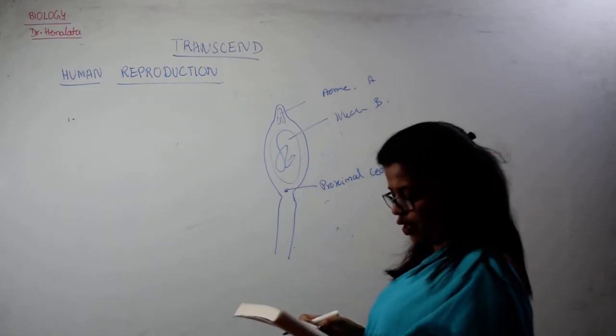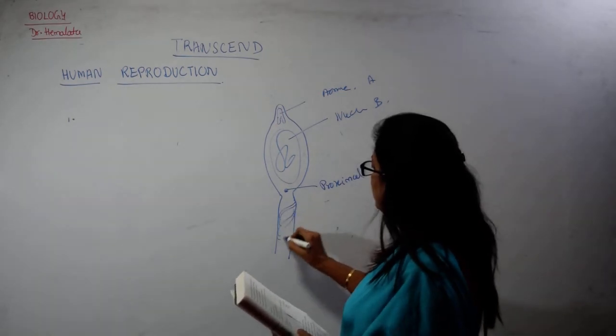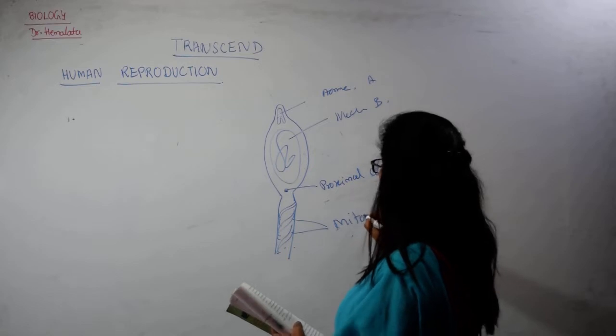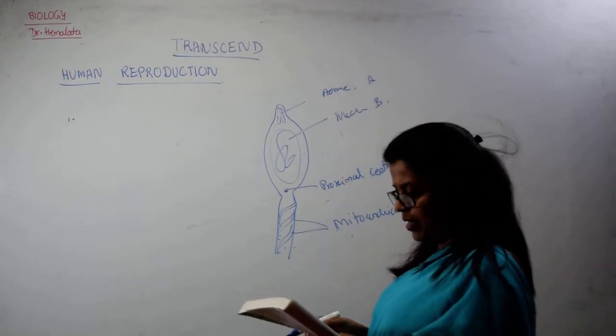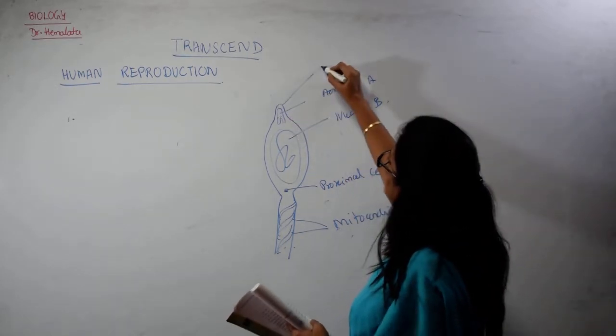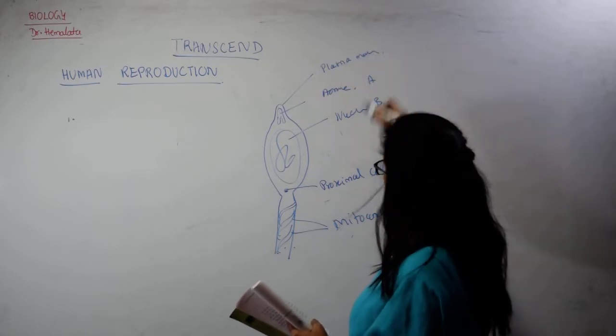D is the mitochondria, the ribbon-shaped, ring-like structures. E is given as the plasma membrane, because above this whatever you have is the plasma membrane. So one thing you can modify.